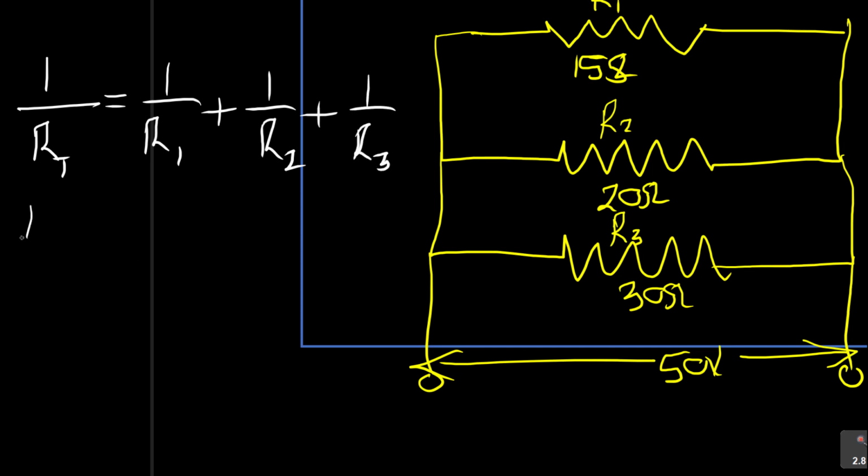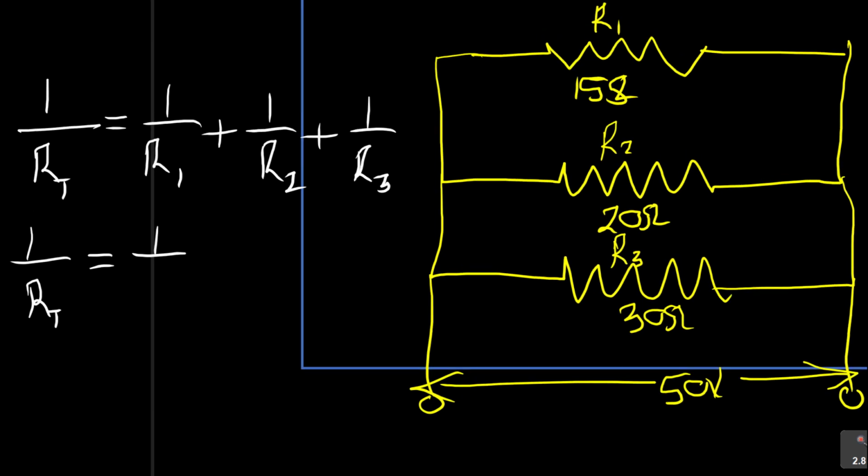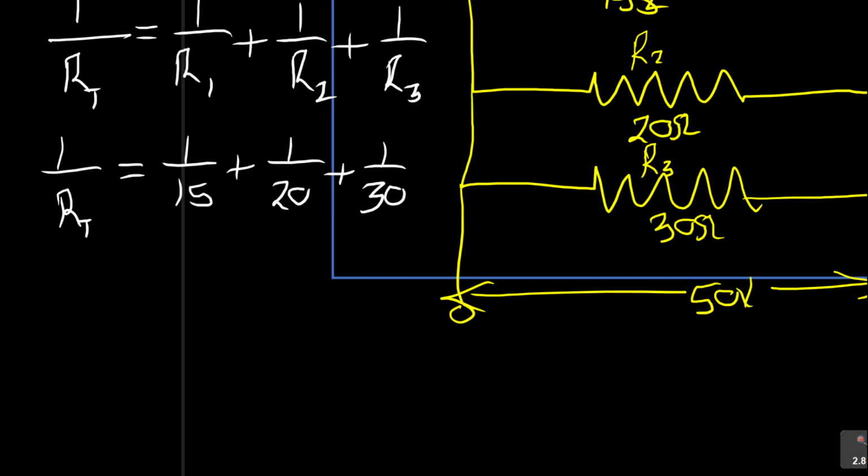So we can say 1 over RT is equal to 1 over 15 plus 1 over 20 plus 1 over 30. I know it looks simpler, but this is where students mess up. Please, for you to avoid errors, just do this.